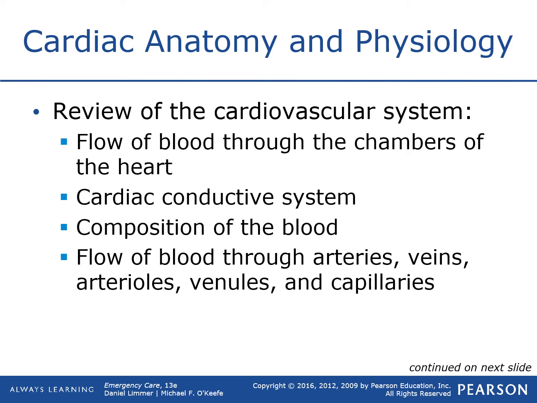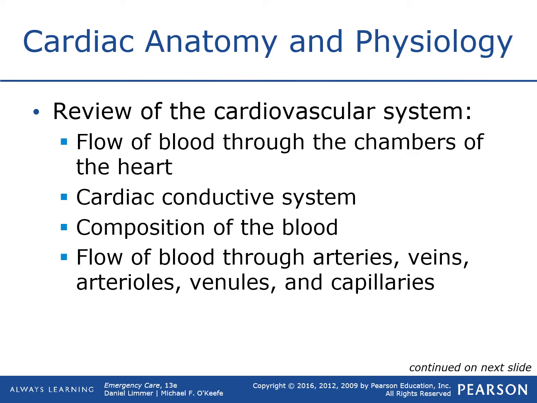That would dump into the right atrium, go through the tricuspid valve into the right ventricle, through the pulmonary valve into the pulmonary artery, to the lungs, be oxygenated, come back through the pulmonary vein, enter the left atrium, go through the bicuspid valve, go into the left ventricle, through the aortic valve, into the aorta, into the arteries, into the arterioles, into the capillaries, into the venules, and then back into the vein. That's something that you should be able to do from memory at this point.